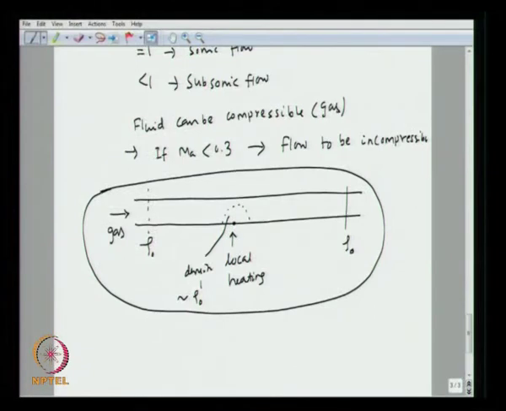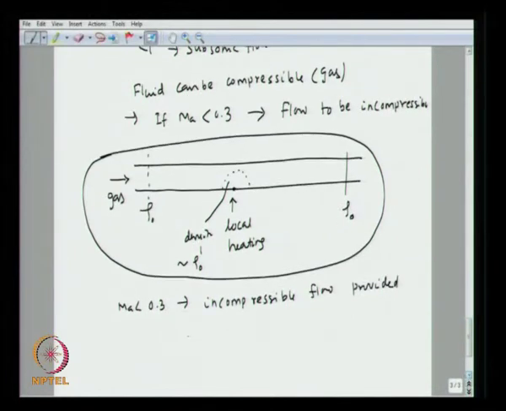So, normally if Mach number is less than 0.3 we consider incompressible flow, provided there is no local heating, no self heating of the flow.